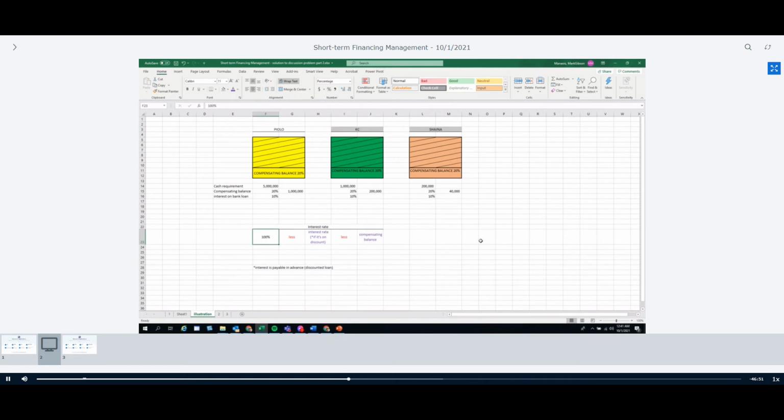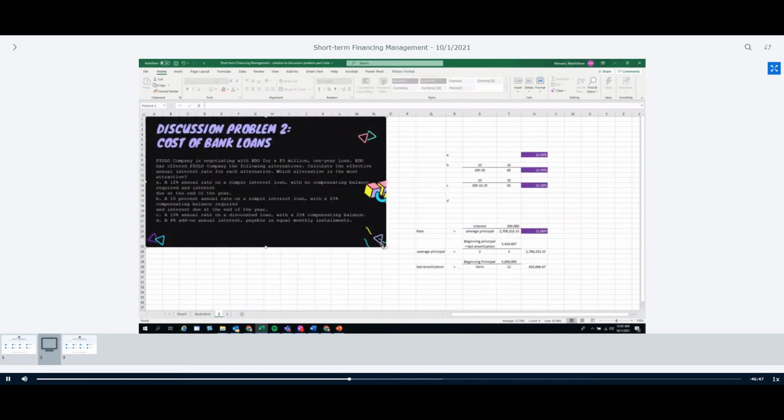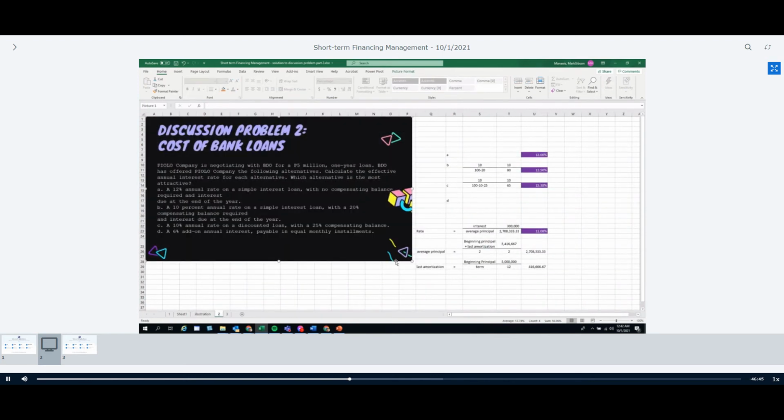Let's go to problem number 2. So, problem number 2, basically, we'll just apply what we've learned during the illustration. So, remember, si Piolo pumunta kay BDO, and then BDO offered Piolo different alternatives. Tayo naman as financial managers or as accountant, we need to assess each of this option, each of this alternative, which one is the most attractive.